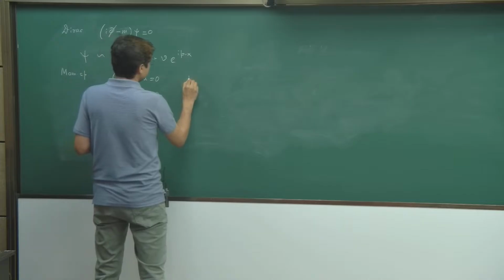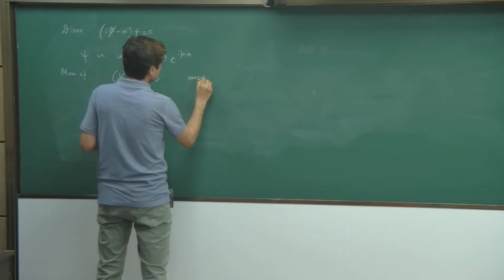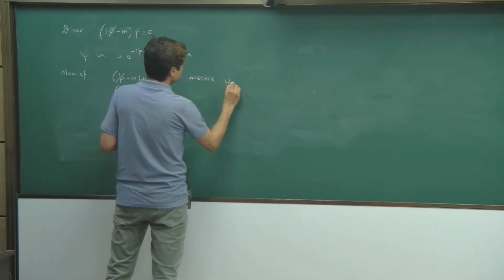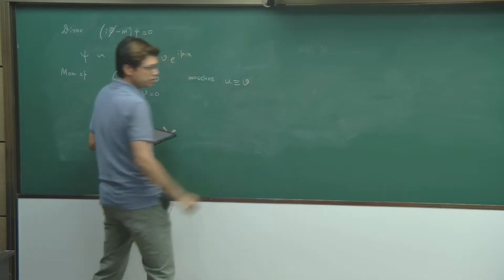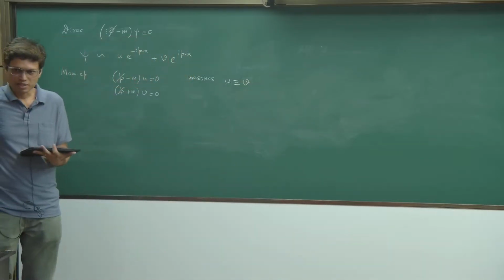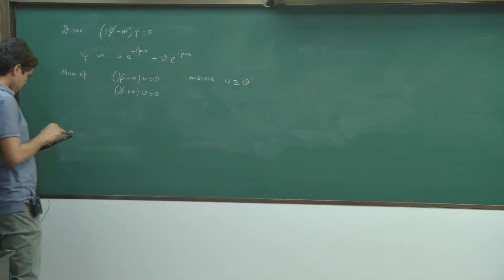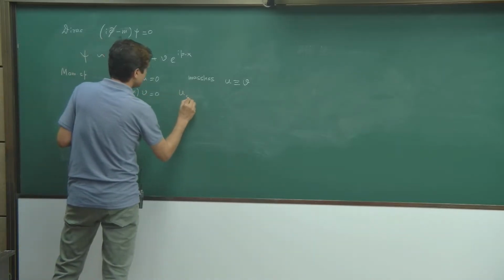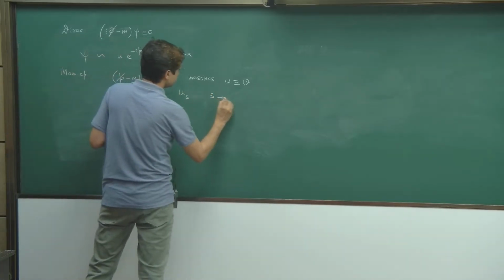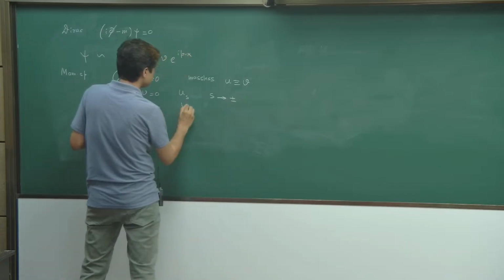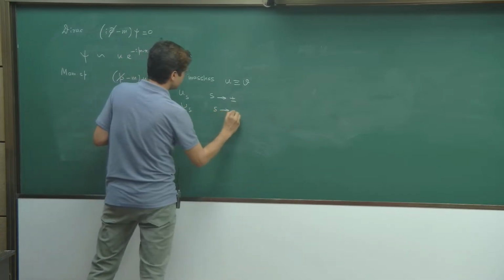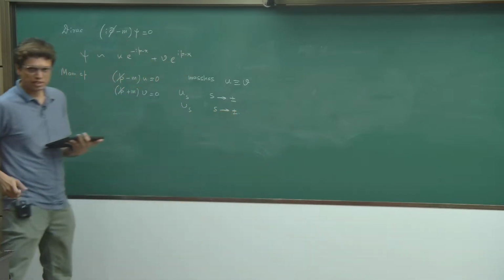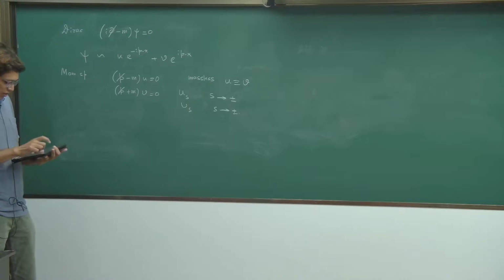Now for massless fermions, u and v are on the same footing, and they have two solutions. So we write u_s, where s can be plus or minus, or v_s, where s can be plus or minus, because this is a spin-up particle.